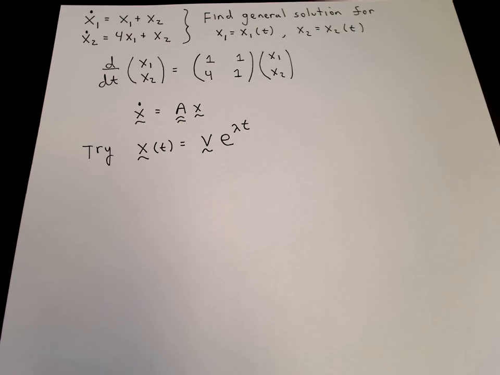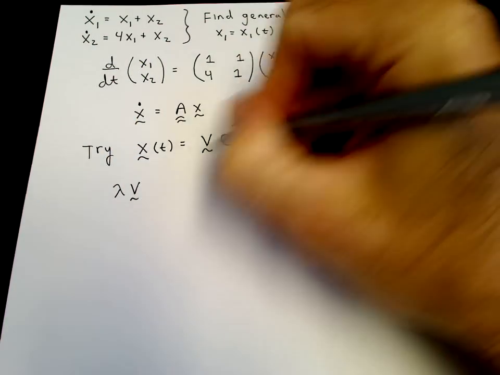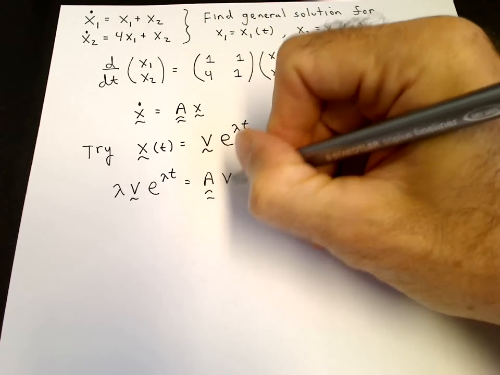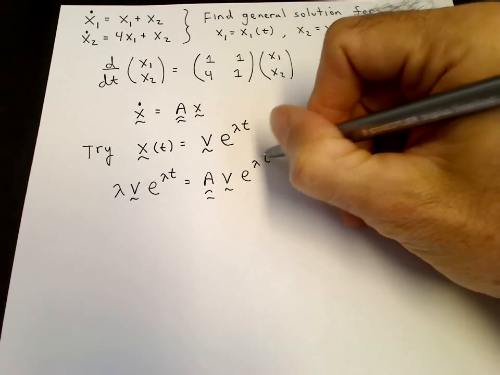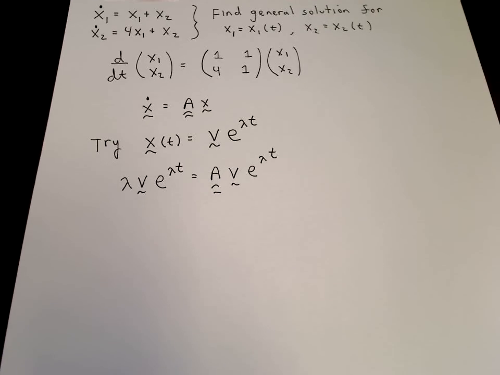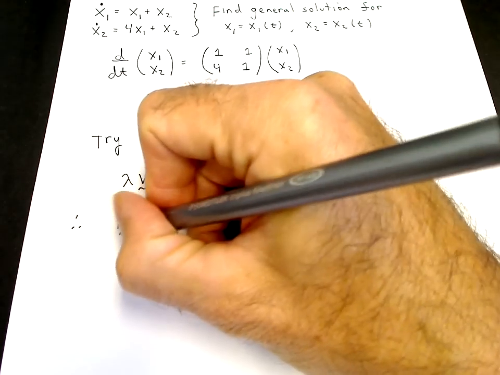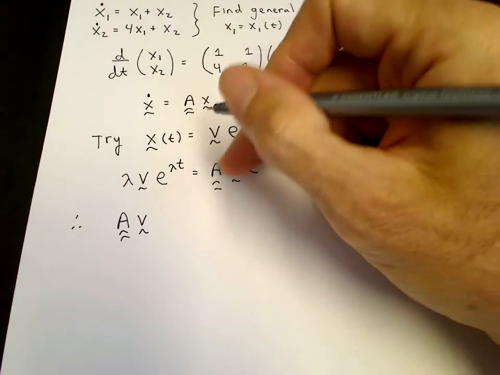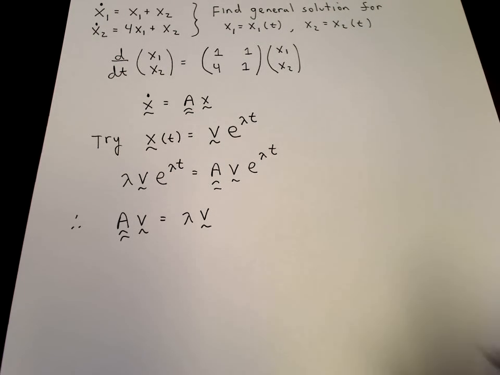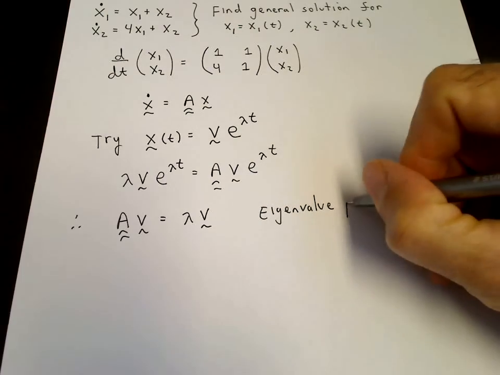So substitution gives us lambda v times e to the lambda t equals A times v times e to the lambda t. And we see that the e to the lambda t cancels. So it becomes a linear algebra equation of the form A times v is equal to lambda v. And this is the well-known eigenvalue problem from linear algebra.